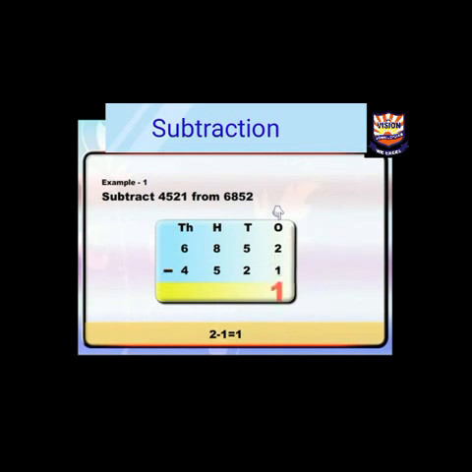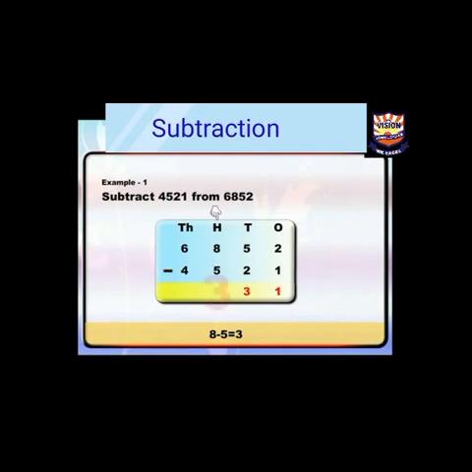When we subtract 1 from 2, the answer will be 1. Now we will subtract the values of tens, 5 and 2. When we subtract 2 from 5, the answer will be 3. Now we will subtract the values of hundreds, means 8 and 5.